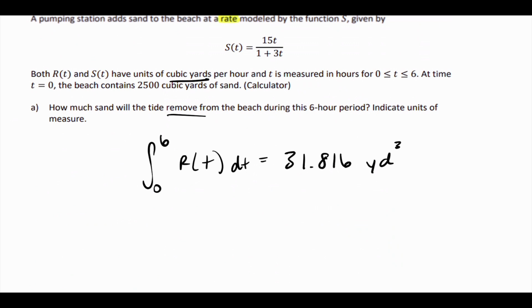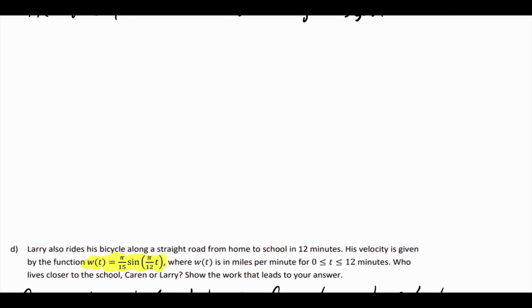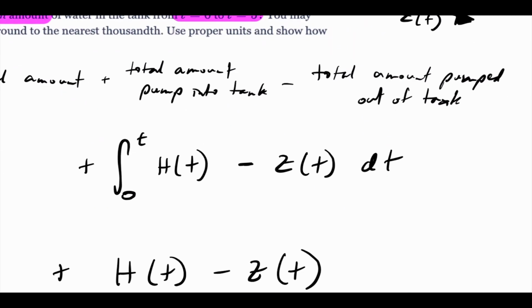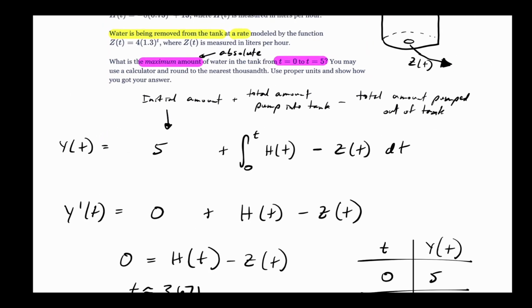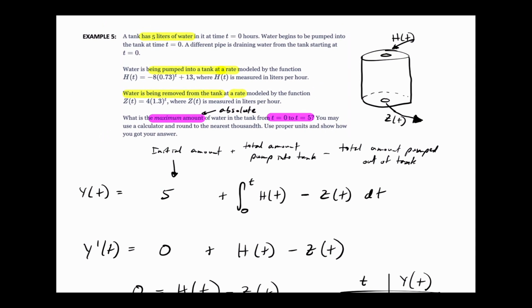What is the maximum or minimum amount at one time? So you're always going to need to do the same type of thing. It doesn't matter what type of question it is: water into a tank, beach on the sand, that type of thing. Always very similar. More than likely, you need to use your calculator to calculate some of that stuff. Okay? All right, so tomorrow I'm going to give you the assignment.